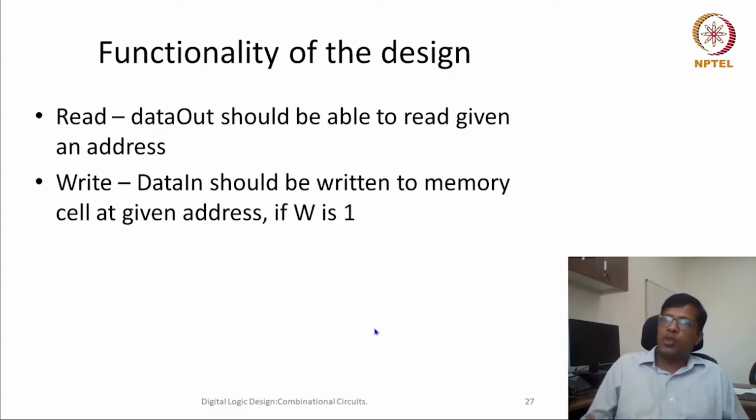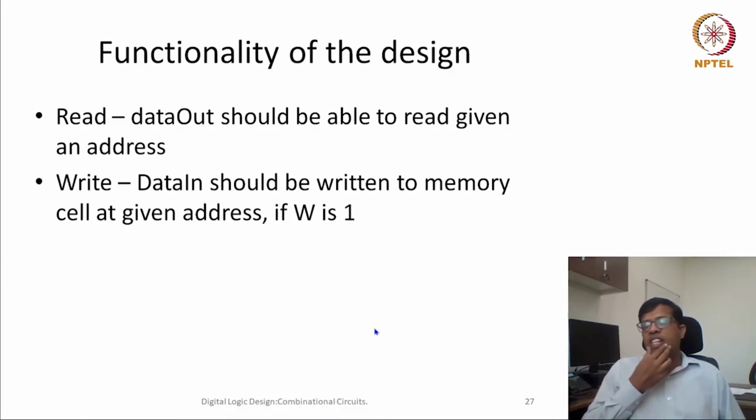Given an address, it will go to a particular memory cell, and whatever is the value there, it will be read out and connected to data out. The other functionality is write, so that means data in should be written to a memory cell. Which particular memory cell? Whichever is given by the address. And data in would be written if W is 1.